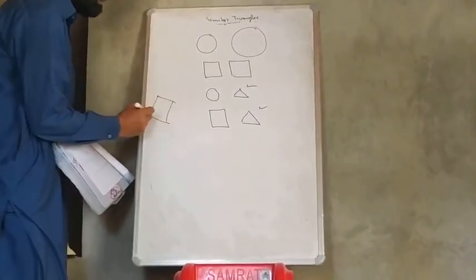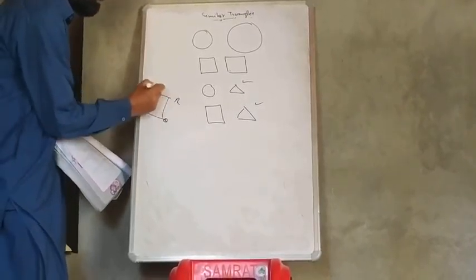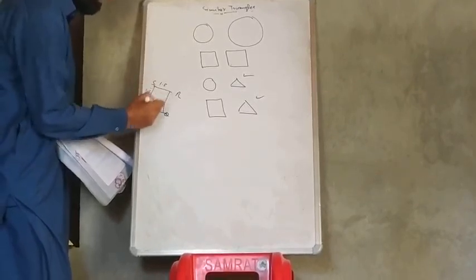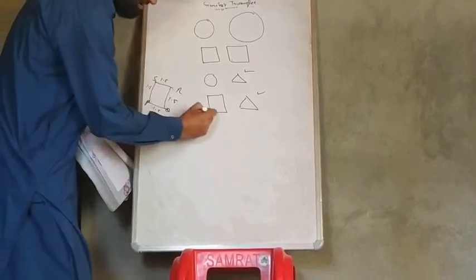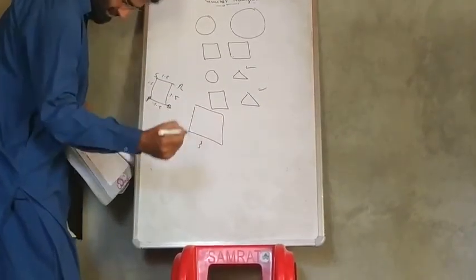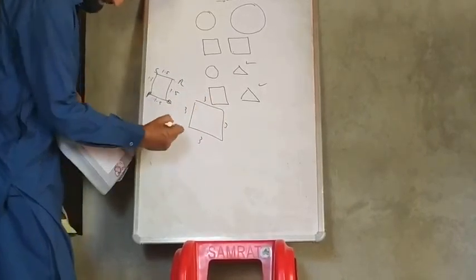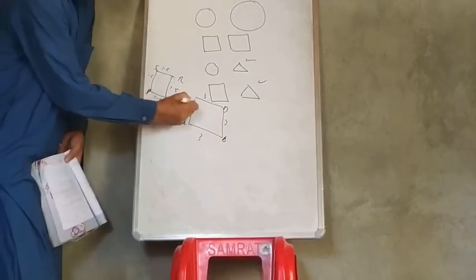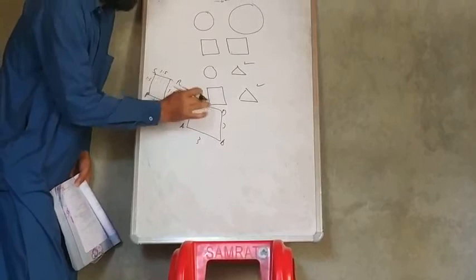This is PQRS, and this is 1.5 centimeter. All sides are equal: 1.5, 1.5, 1.5. Second, again all sides are equal. This is 3 centimeter, this is 3 centimeter, this is 3 centimeter, this is 3 centimeter. This is ABCD. So all sides are equal in this figure also. This is a quadrilateral, this is a quadrilateral.